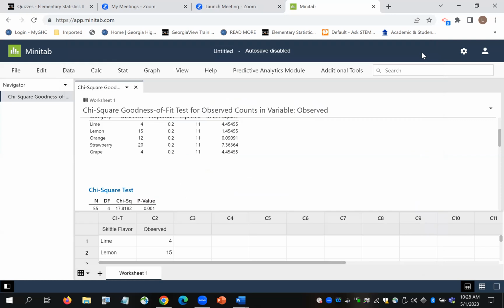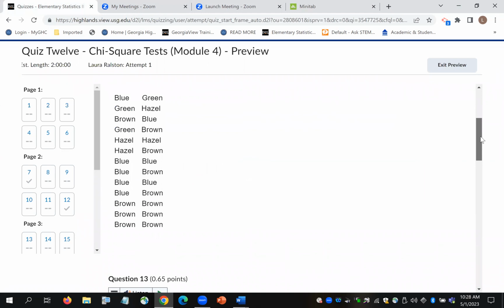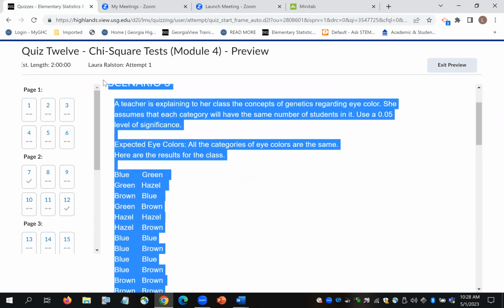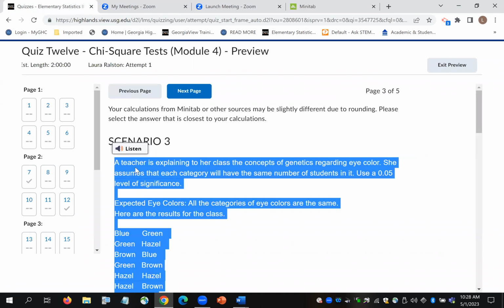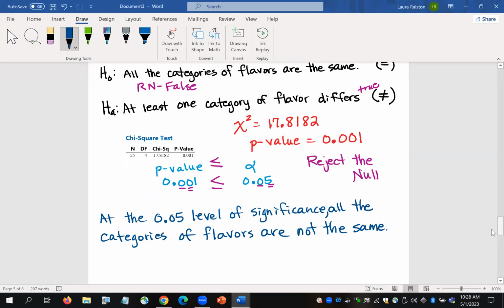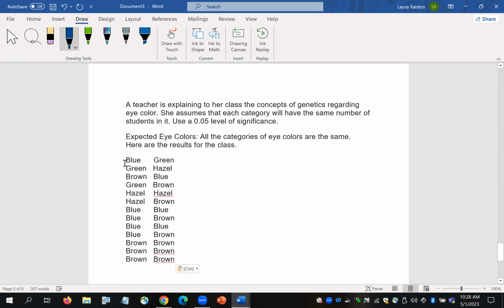I see. And then scenario 3. Yes. Okay, scenario 3 is different because instead of giving you the data summarized in a table or a list, what you have is the raw data.